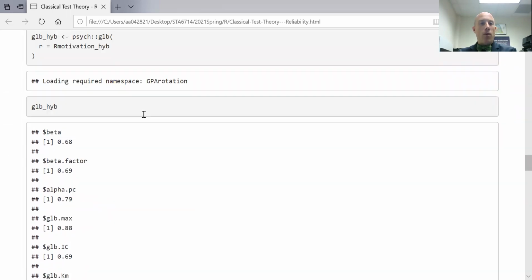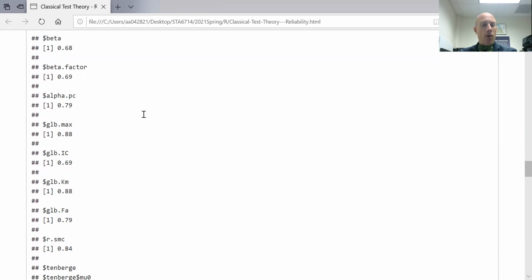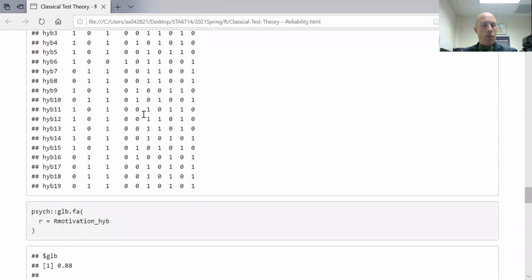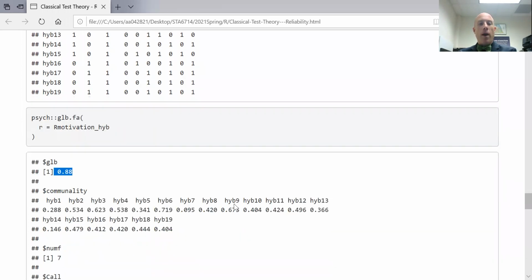So what we'll notice is that we get a slightly increased value. I think it's 0.83. Where is it? Oh, it's giving us a 0.88 for our greatest lower bound, which is not surprising. It has to be greater than or equal to Cronbach's alpha.